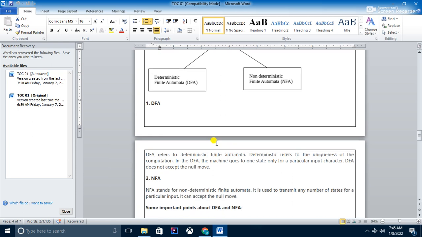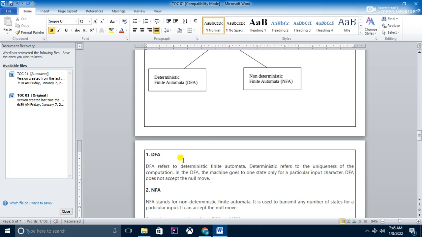Now first we are going to study what is the meaning of DFA. DFA refers to deterministic finite automata. Deterministic refers to the uniqueness of the computation. In DFA, the machine goes from one state to another state after a particular input character.